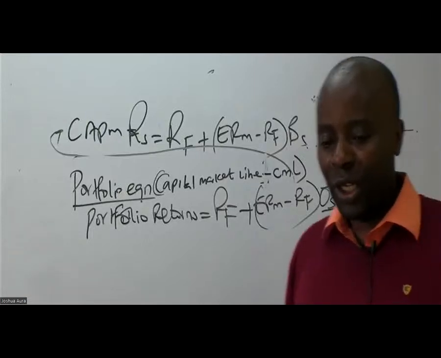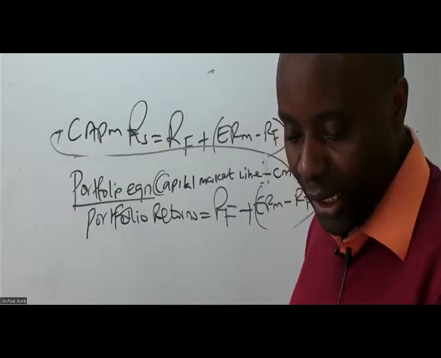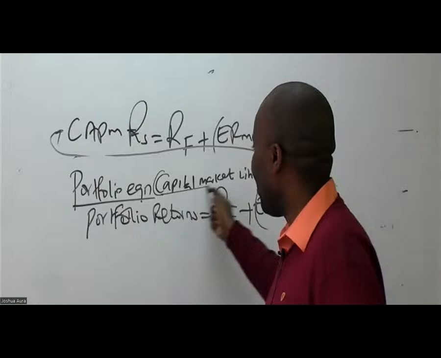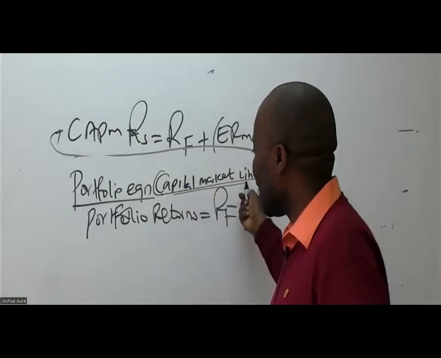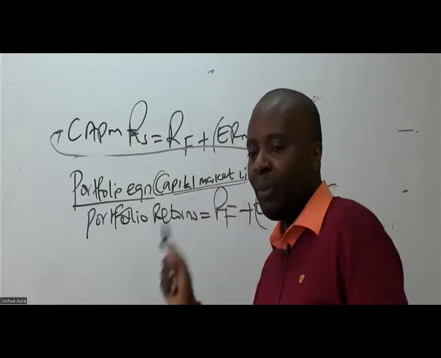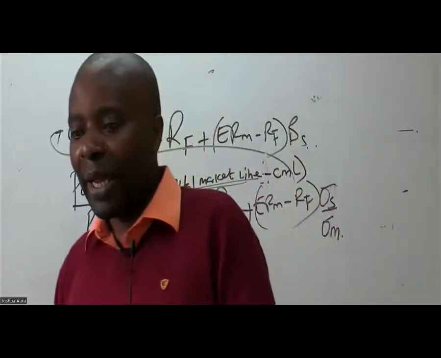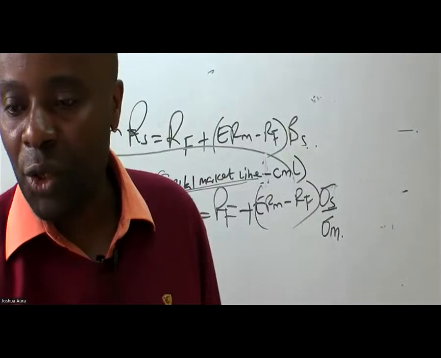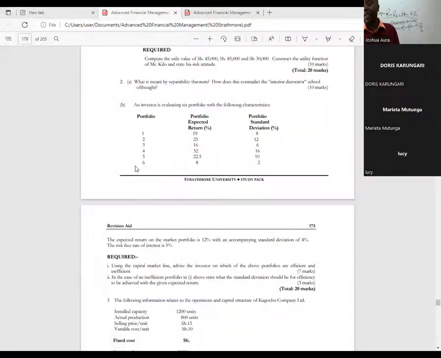Great. So then, ladies and gentlemen, because they have told us here to use not CAPM but the capital market line, I would want us to get the capital market returns of each of these securities. There are 6 of them.